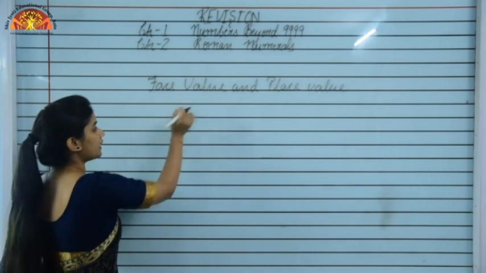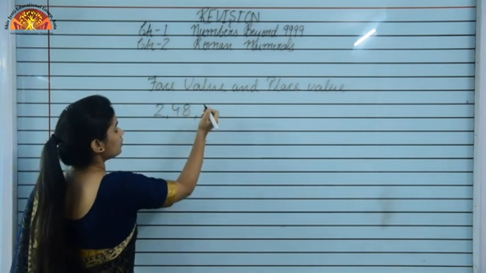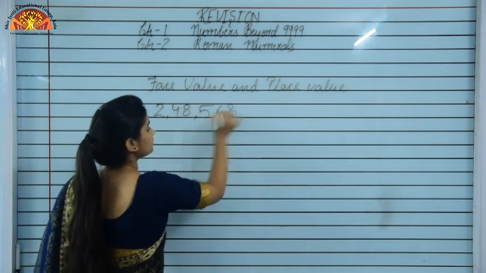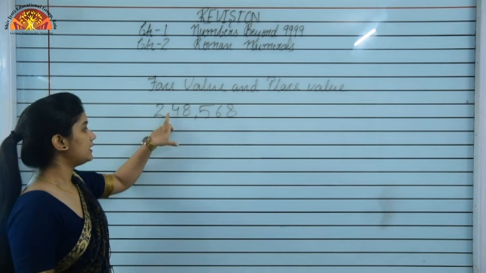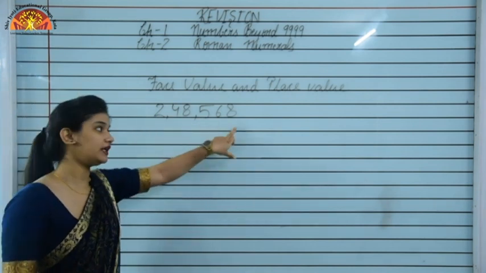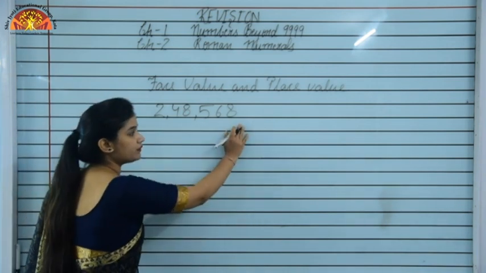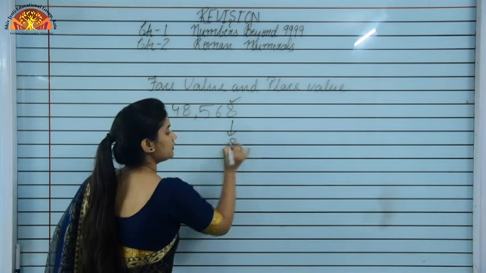To find face value, first I am taking a number according to the Indian number system. I have taken a number. The number is 2,48,568. Now according to this number, the face value of 8 is 8.